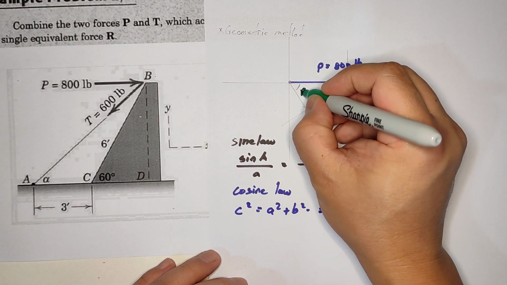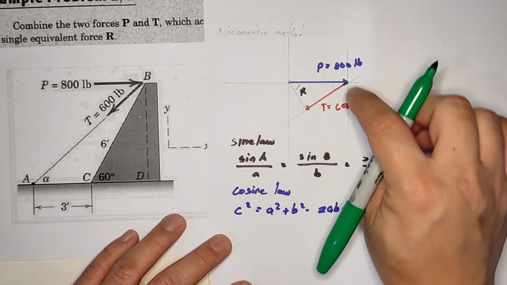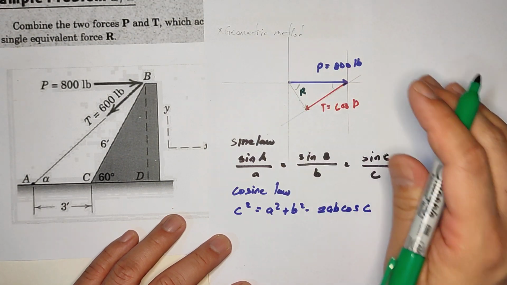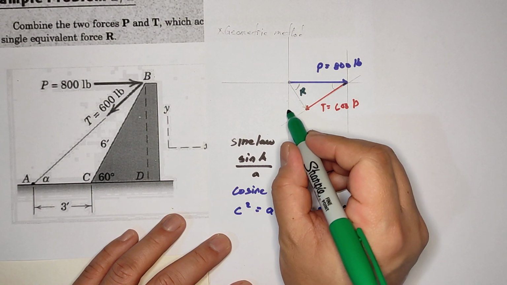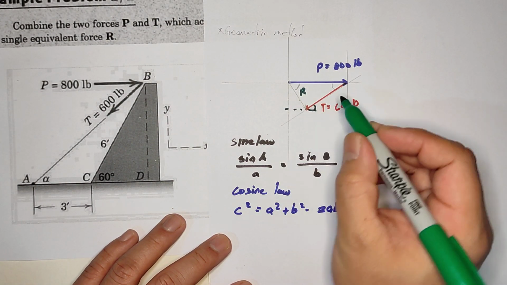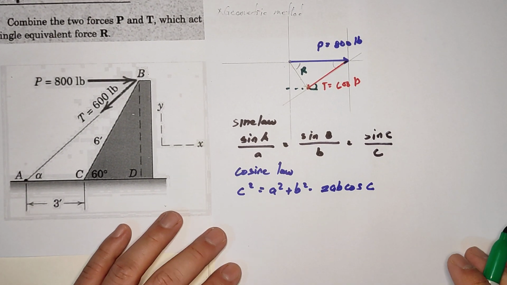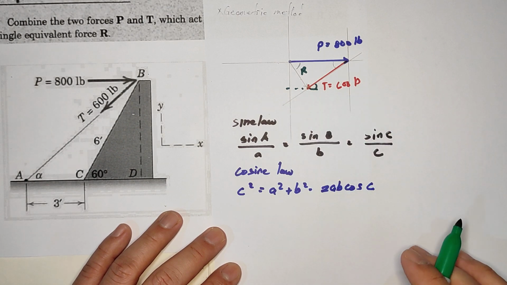This resultant R. To do that, we are only given the two lengths and no angle, but you can compute for this angle, that is the alpha. So what should be the right law that you will use, sine or cosine?